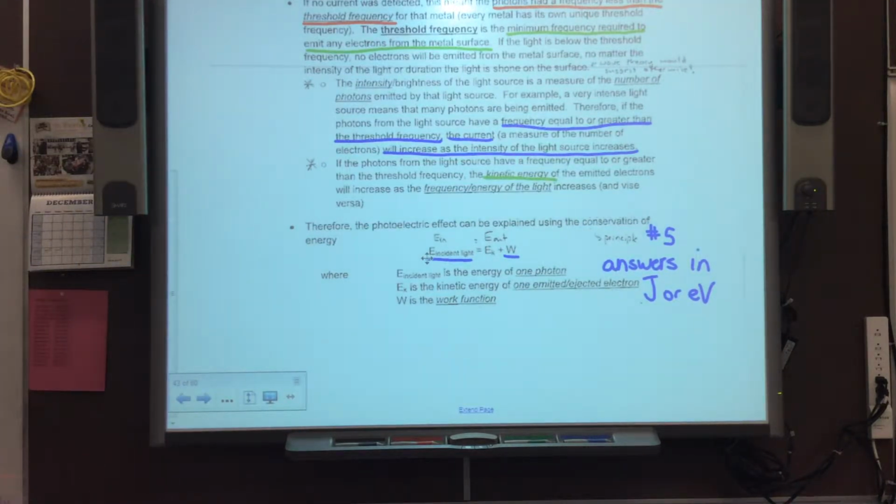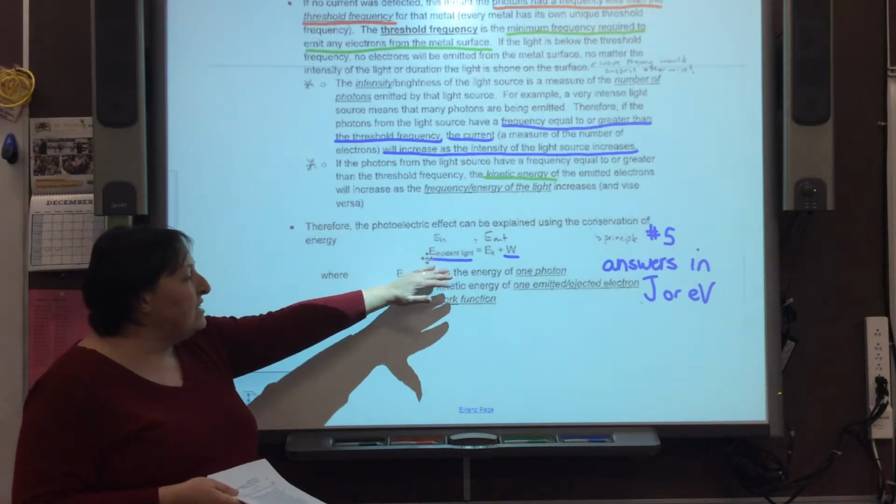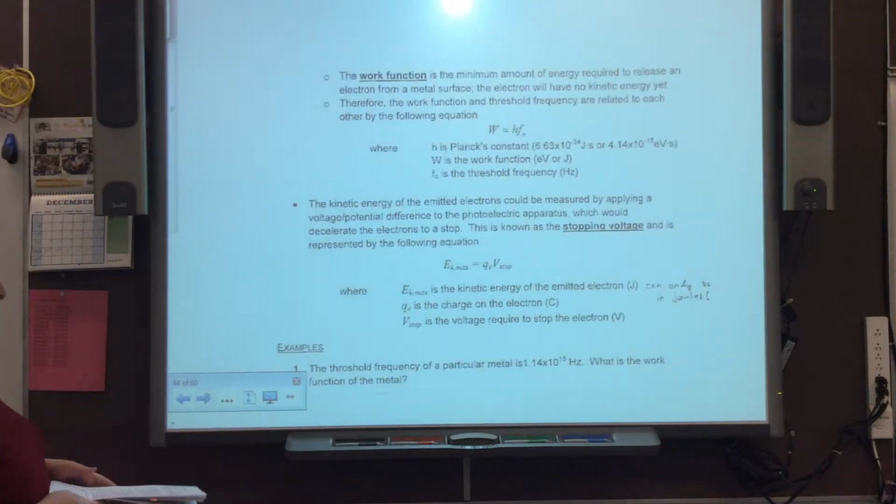And we'll see later on, when we work with just kinetic energy, that changes a bit. But for right now, if we're looking for our incident light, we can work in joules or electron volts.